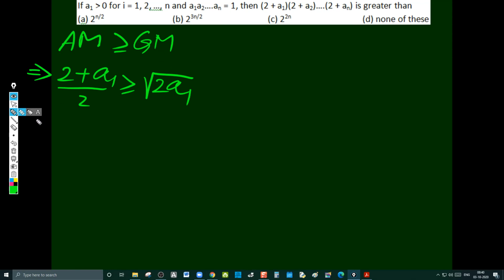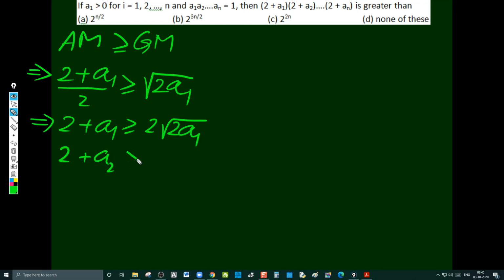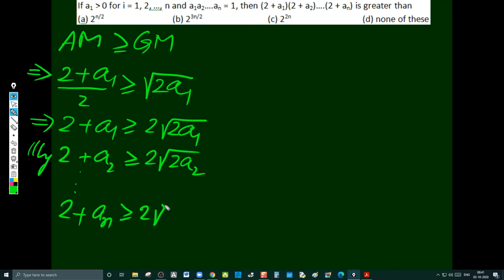Correct? So which implies that 2 plus A1 is greater than or equal to 2 root over 2A1. Similarly, 2 plus A2 greater than or equal to twice the square root of 2A2, and so on. 2 plus An is greater than or equal to 2 root over 2An.